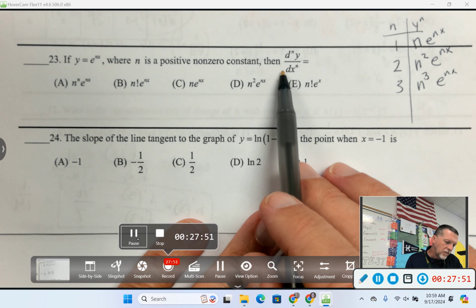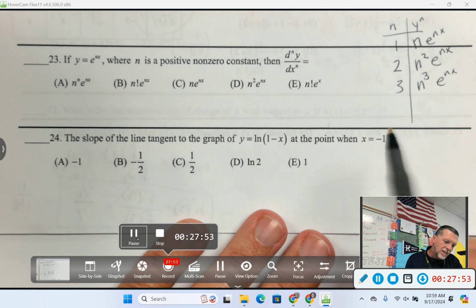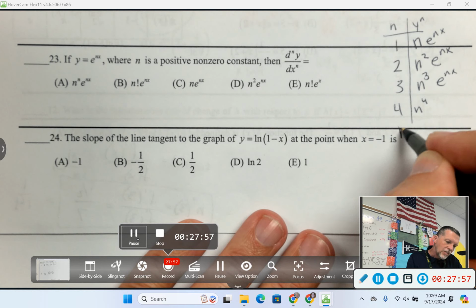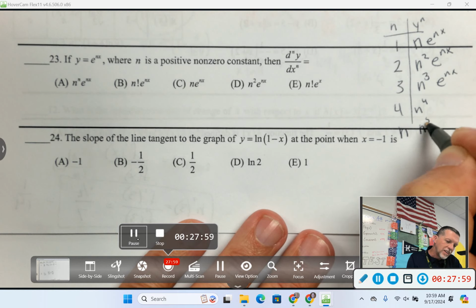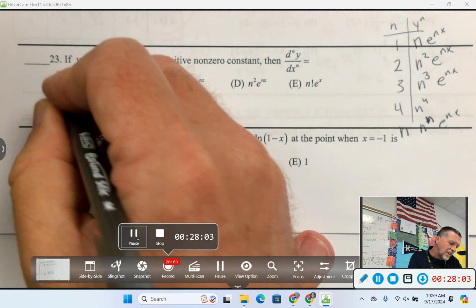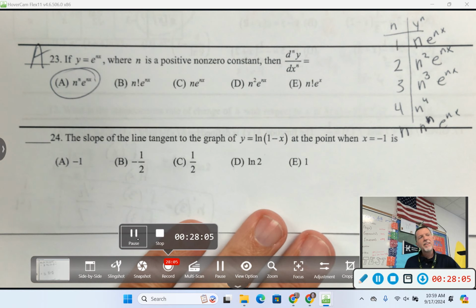So the nth derivative is, okay, when I get down to the nth row, it's n to the n, e to the nx. Yeah, I think that's it. Factorials don't work here.